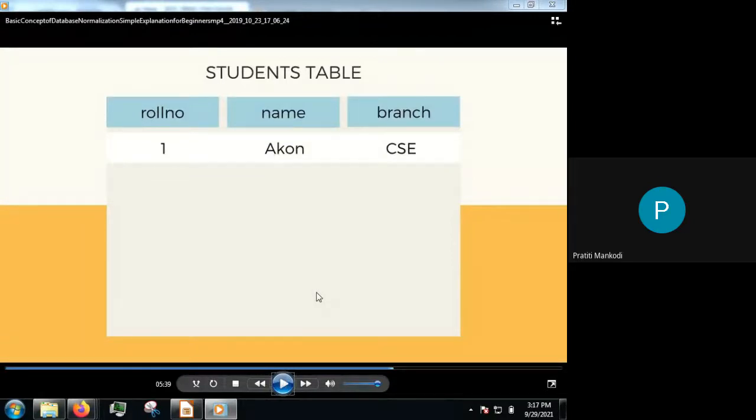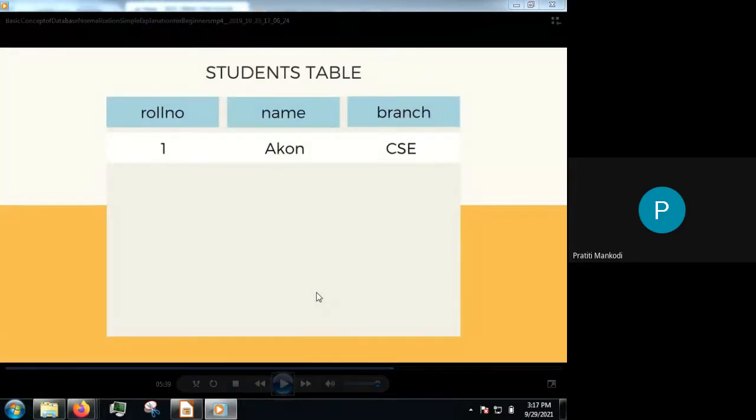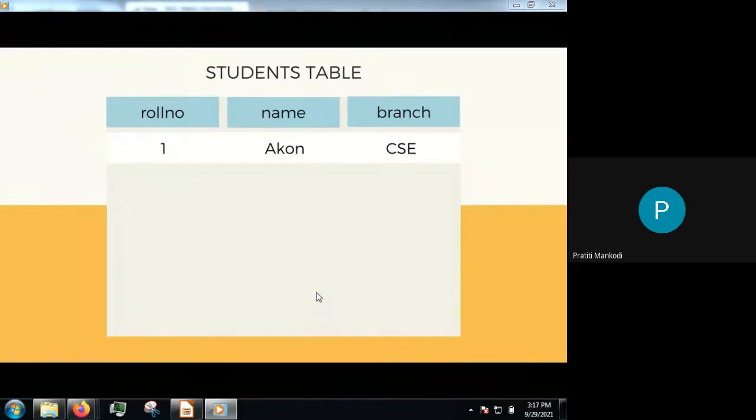If I want the name of the HOD of the student with roll number 1, I need to have two tables in use where I will have the common attribute as branch. Is it clear? That is your join. When you are merging the data of two tables, you should have something in common.